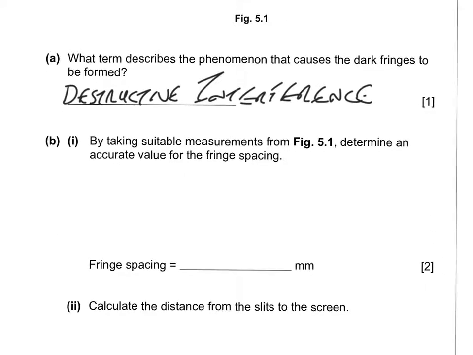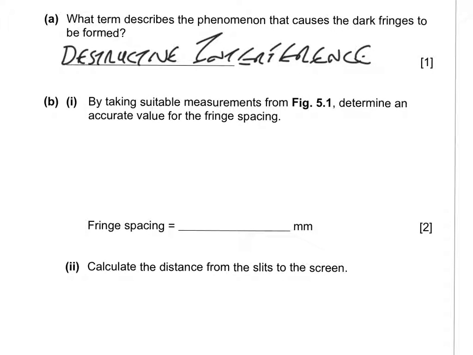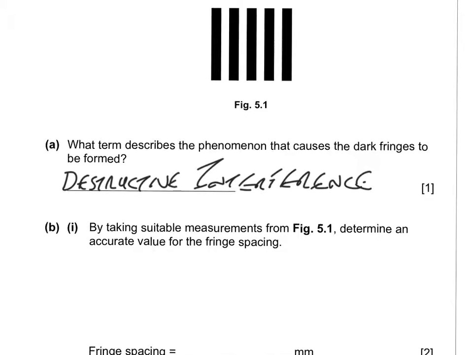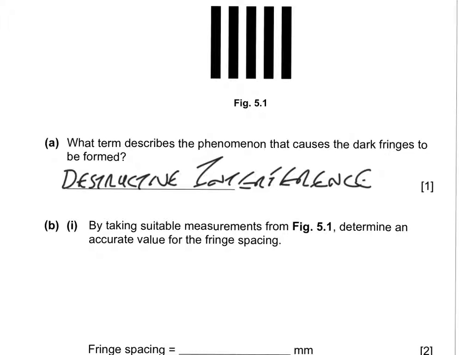By taking suitable measurements from figure 5.1, determine an accurate value for the fringe spacing. Now this can't easily be done on the iPad because I now have a thing that's not the same scale as the original paper.